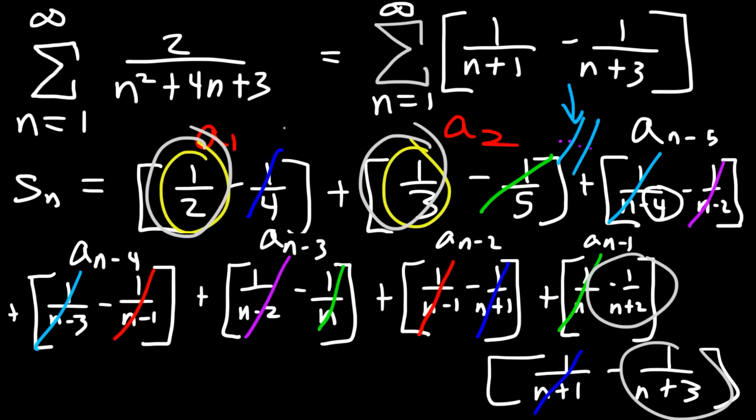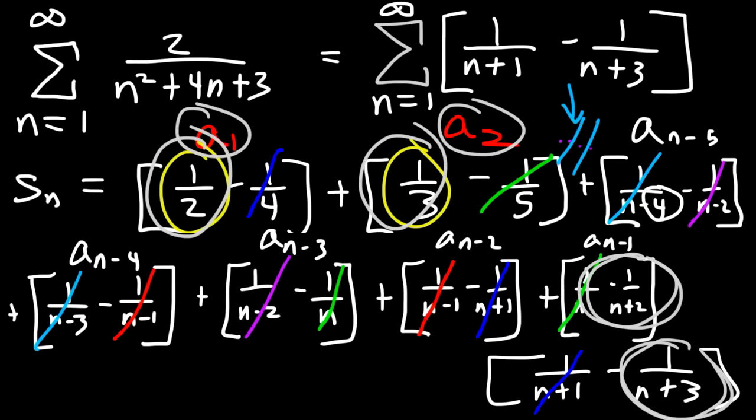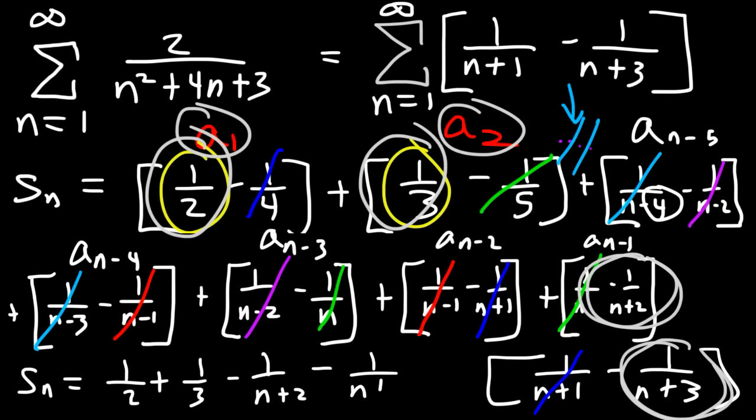So 2 fractions in the first two terms and 2 fractions in the last two terms will not be canceled. So the general formula for S sub n is going to be 1/2 plus 1/3 minus 1 over n plus 2 minus 1 over n plus 3.